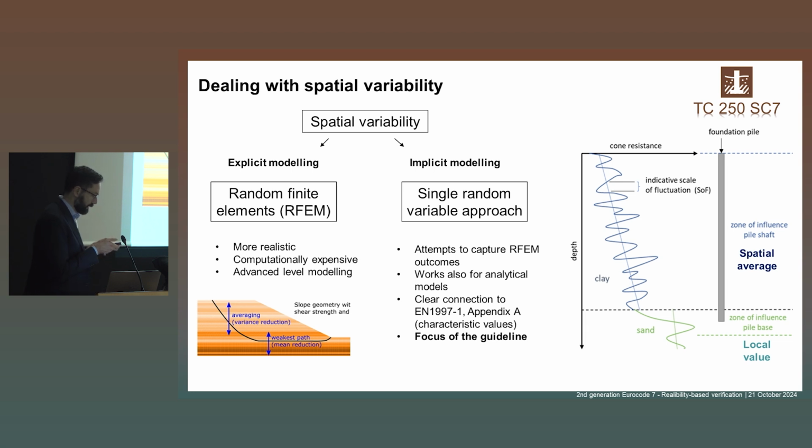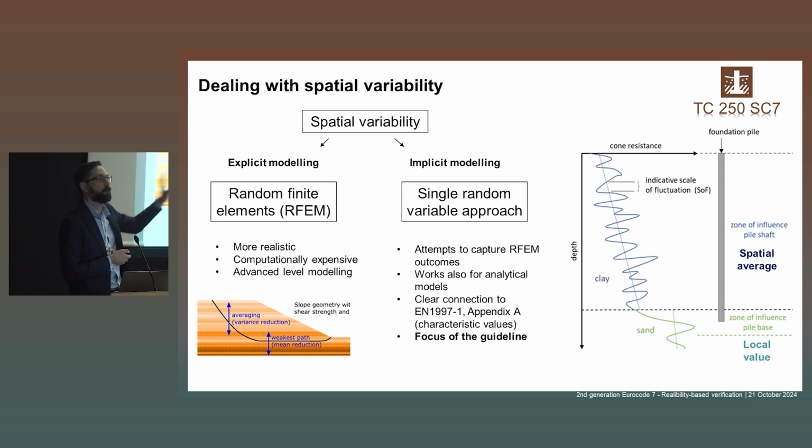We have what we can call the explicit modeling of spatial variability, and that essentially means to have a random finite element model where you specifically have different properties in different parts of the model. Quite advanced, possible, but you see it's also computationally expensive.